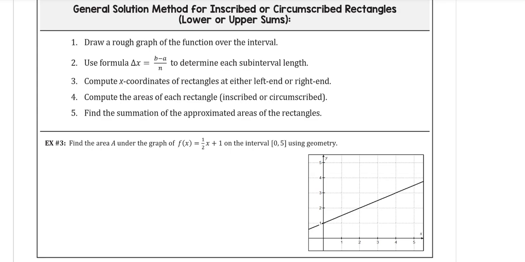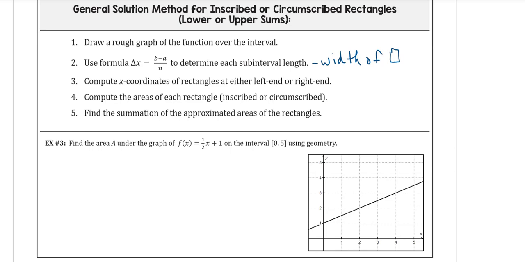What you want to do is sketch the graph, and then use delta x equals (b minus a) over n to determine each subinterval. As I said in the last video, this is going to be the width of the rectangles. Then we compute where they fall on the x-axis and decide if we're doing left or right hand.